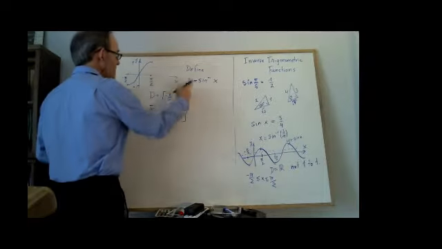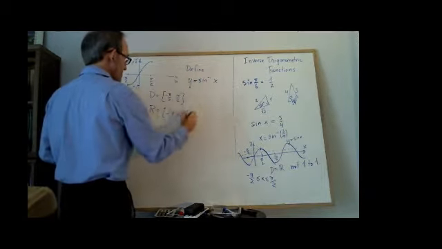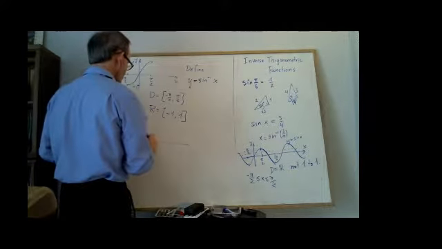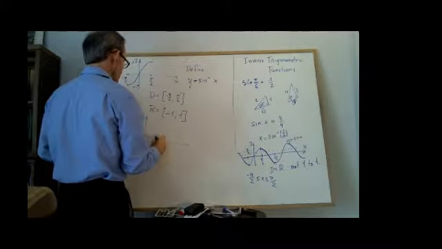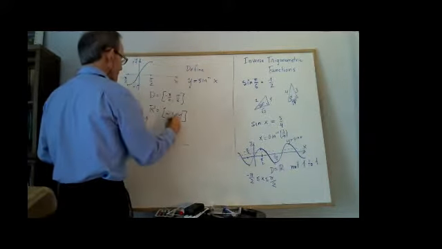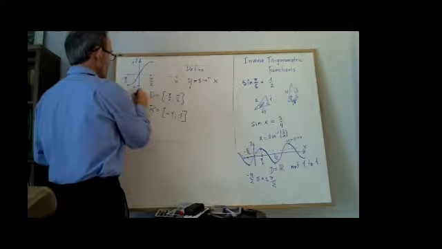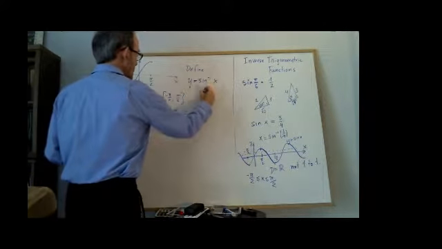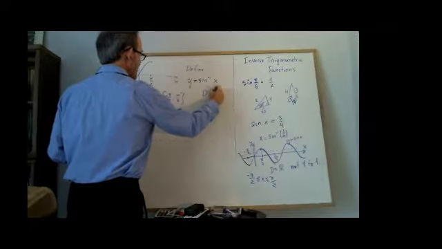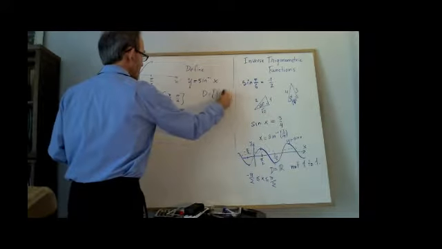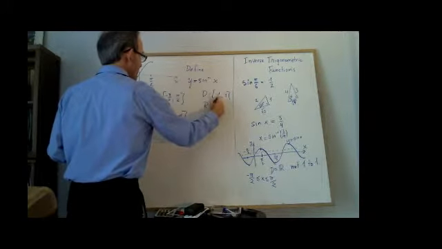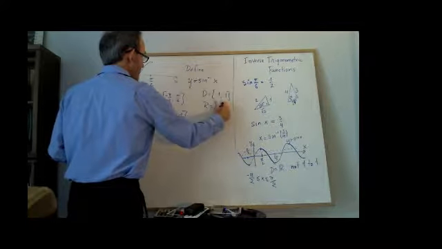So the domain and range are switched around for the inverse function. The domain is now minus 1 to 1. The range is now minus pi over 2 to plus pi over 2.